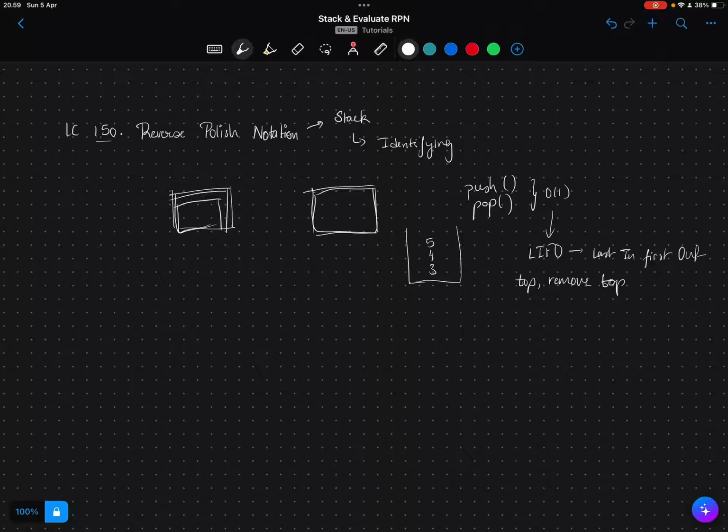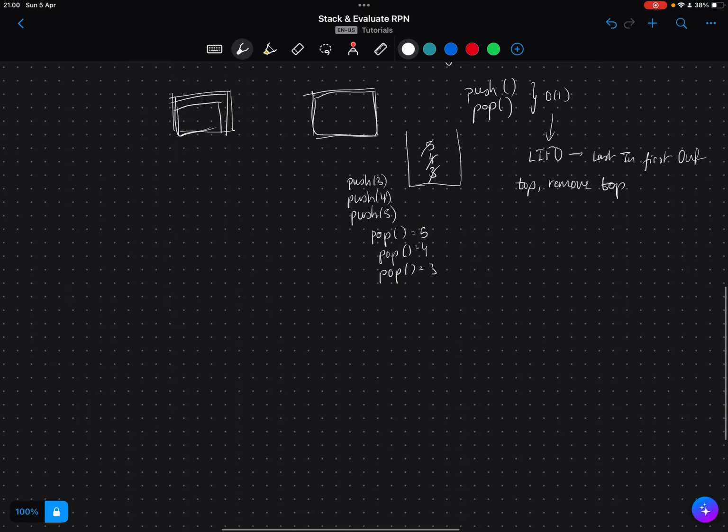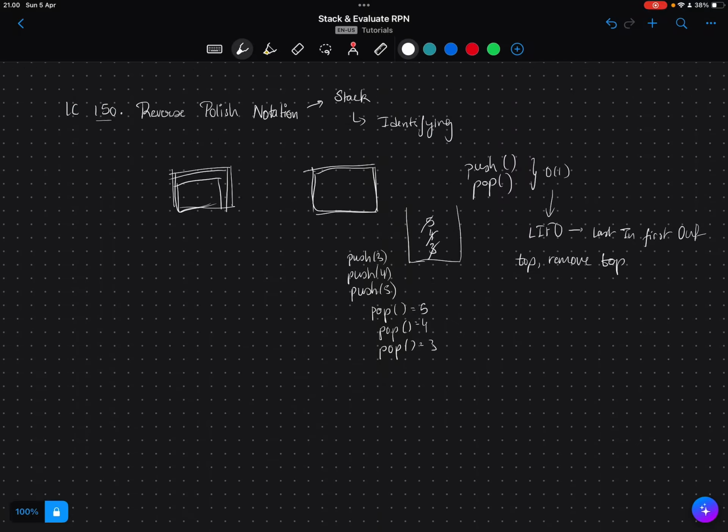If we had, let's say, push 3, push 4, push 5, it would look like this in code. You'd push 3, you'd push 4, and then you'd push 5. The last push is on top, and when you pop, it would bring out 5, then 4, then 3, like this, top to bottom.